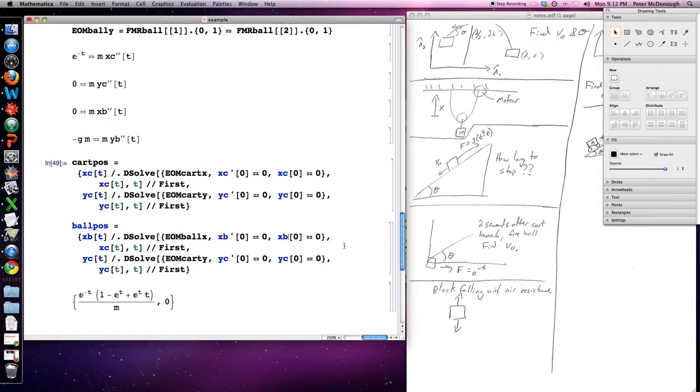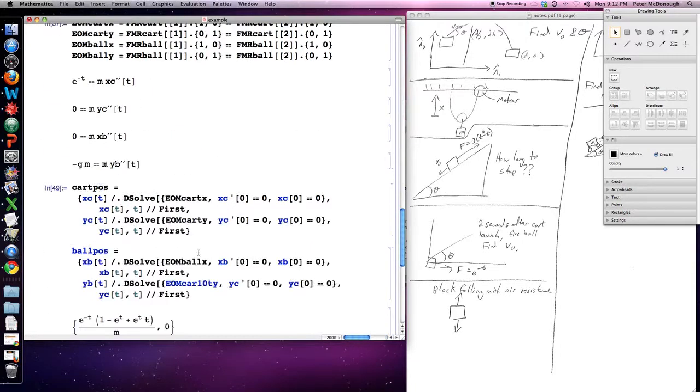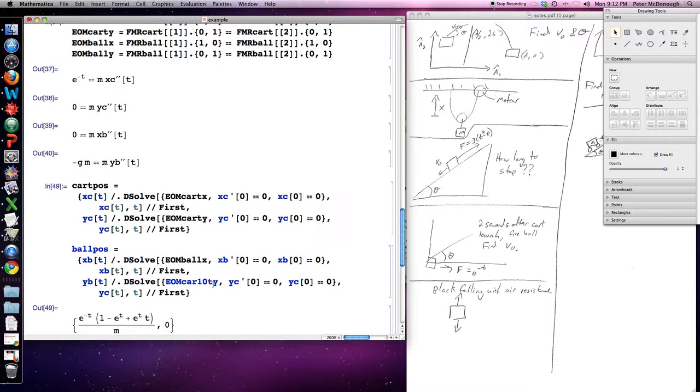Again, x of b, x of b, y of b, EOM of the, oops, probably irreparably screwed up this equation now. Let's see here. There we go. Change this to ball. And we have got y of b, y of b.